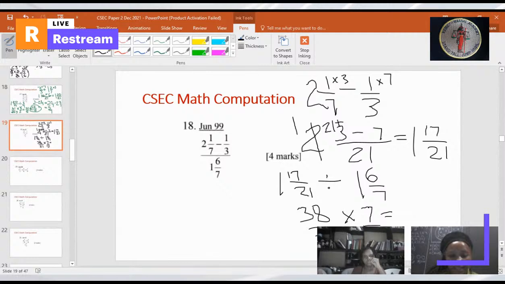We can cancel the 7 and the 21. Yes, miss. So 7 goes into itself once, and 7 into 21 three times.